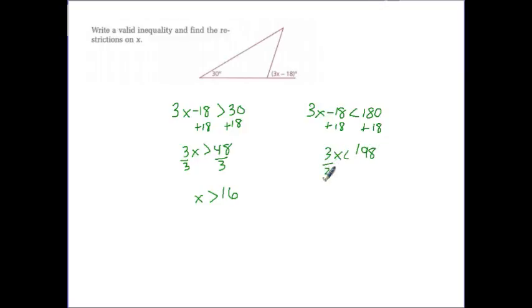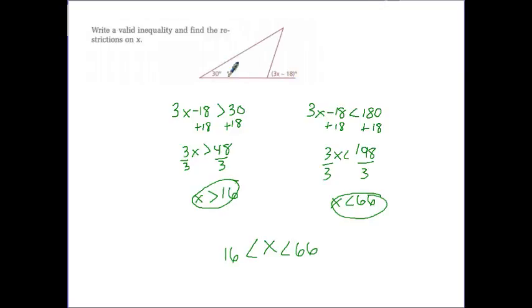Let's divide both sides by 3, and my x has to be less than 66. Now if I want, I can leave that as these two separate inequalities. Or if I want, I can combine that into one compound inequality with x in the middle. X has to be greater than 16, but less than 66. Hopefully you got the hang of those restrictions a little bit, especially with how the exterior angle is going to relate to that interior angle.